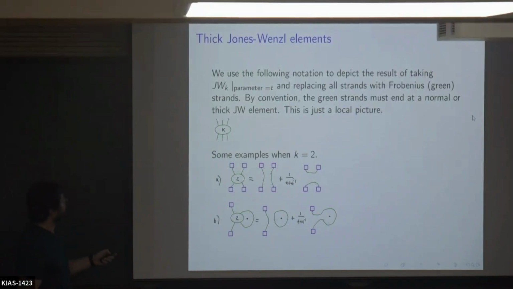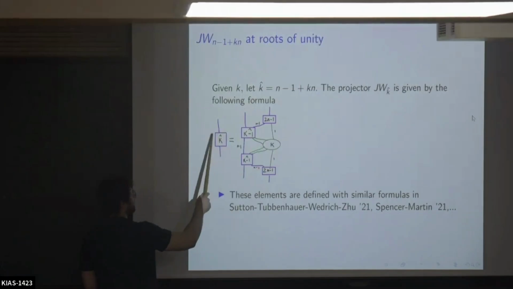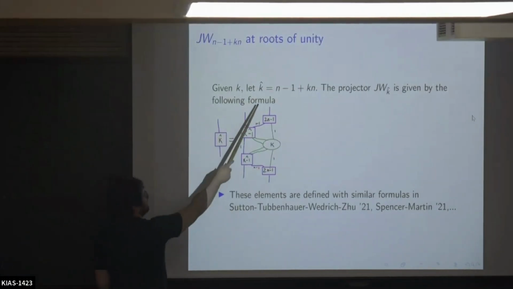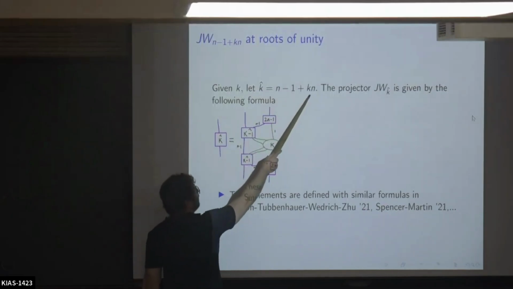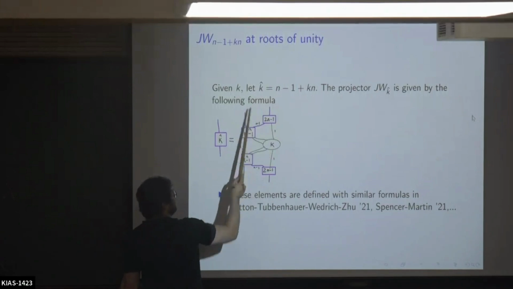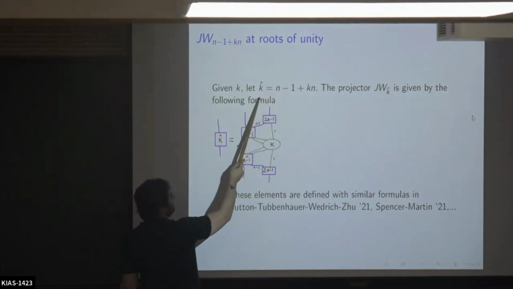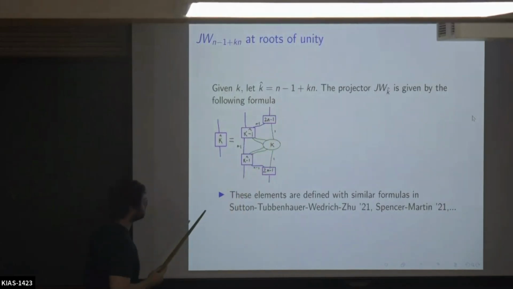And so we can use these thick Jones-Wenzl projectors to describe the other Jones-Wenzl projectors. So Jones-Wenzl n-1 exists automatically, and 2n-1, we showed how to construct that. So this formula shows how to construct Jones-Wenzl kn plus n-1 for all k.